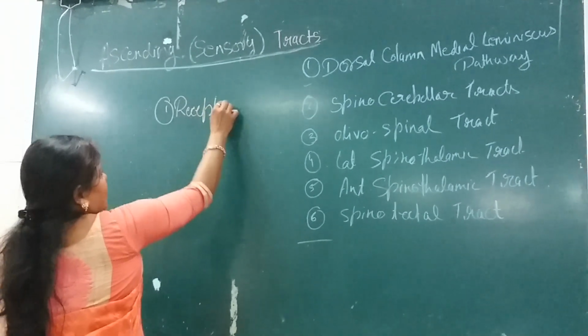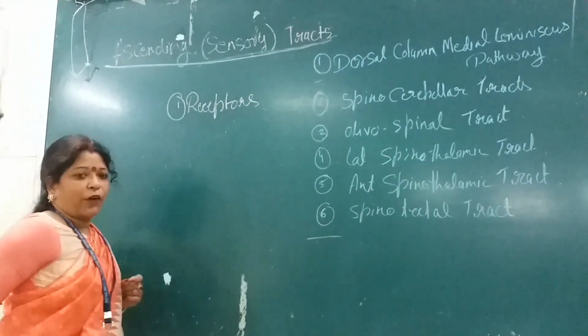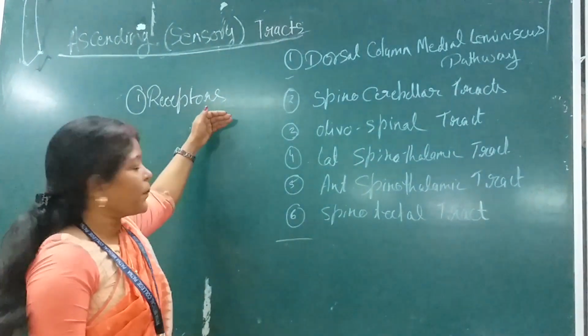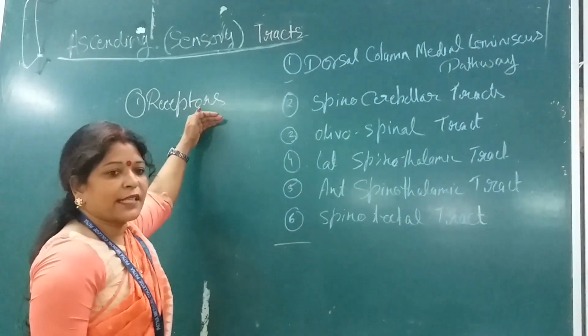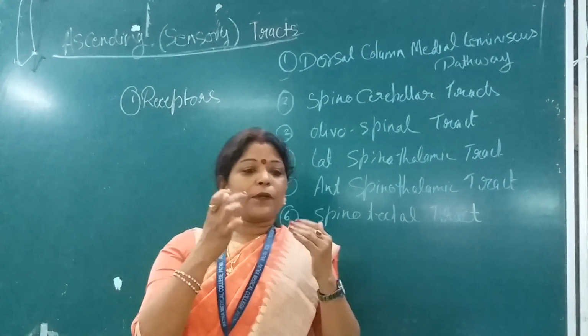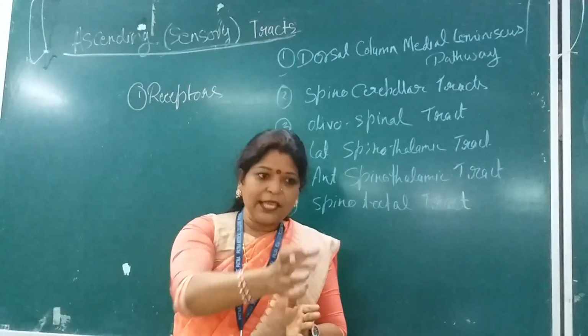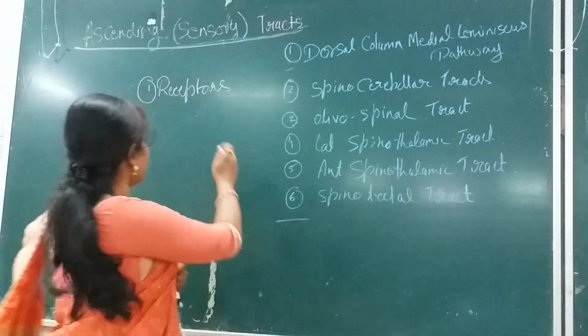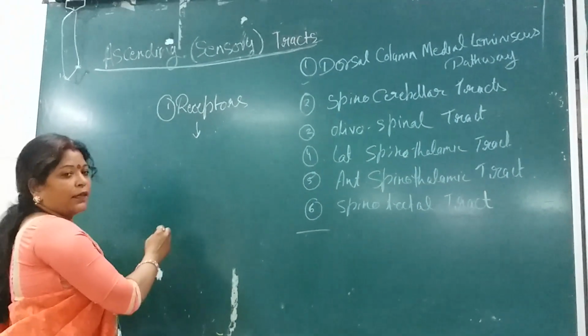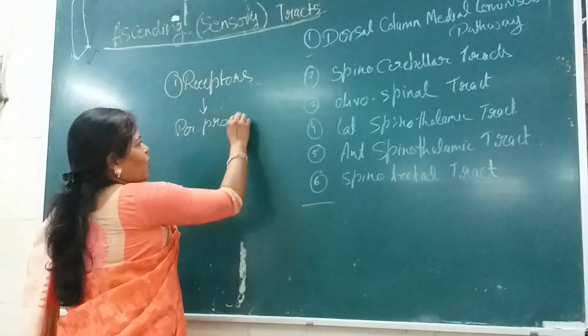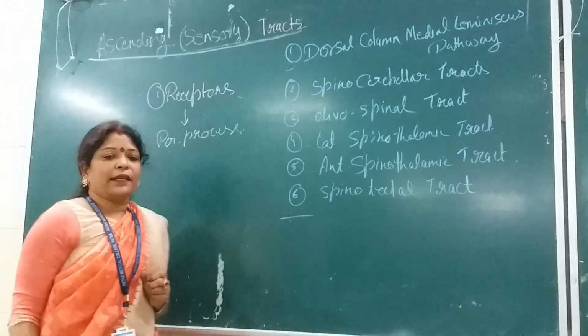For forming the sensory pathway, these receptors are present in the peripheral tissue. From these receptors, the peripheral process of a neuron receives this sensation. What are those? The peripheral process of which ganglia?